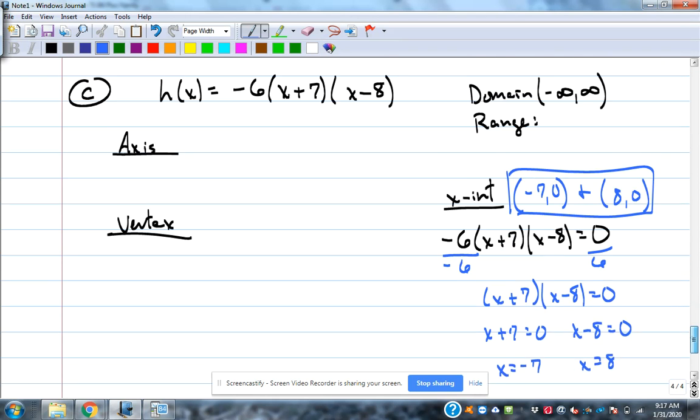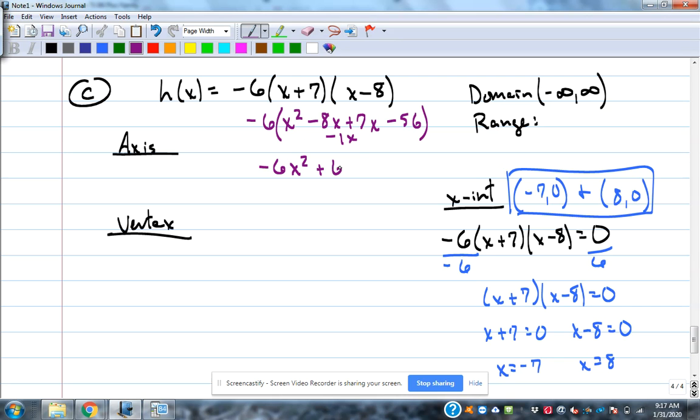For everything else, I really need to get it in standard form. So I'm going to multiply the problem out. x times x is x squared, minus 8x plus 7x minus 56. And then we'll multiply everything by negative 6. Or I'm going to combine that first. That's negative 1x, right?